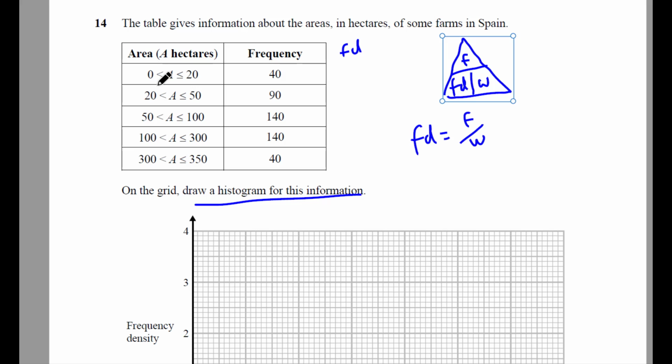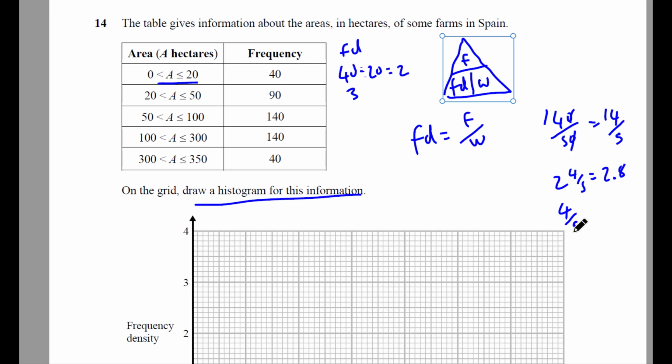So 40, the width is 20 here, so 40 divided by 20 equals 2. 90 divided by 30, so the frequency density is 3. 140 divided by 50, just in case you can't do that, that's 14 over 5, which is 2 and 4/5. And hopefully you guys know that is 2.8.